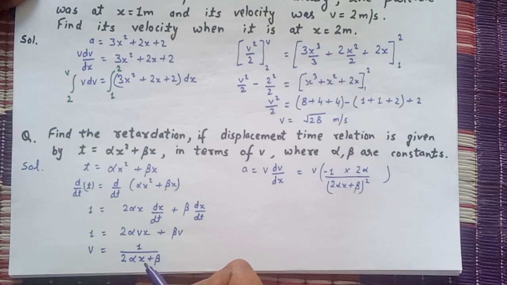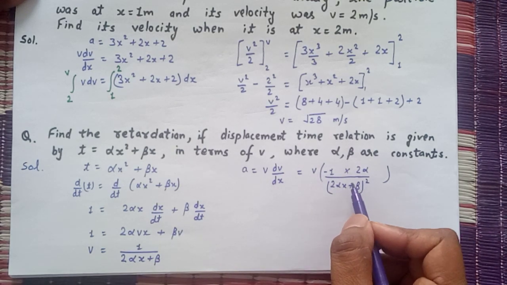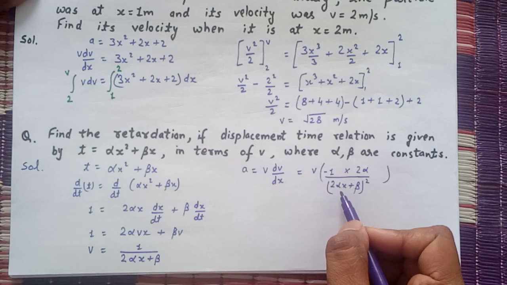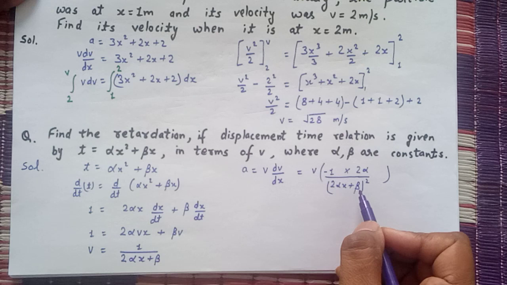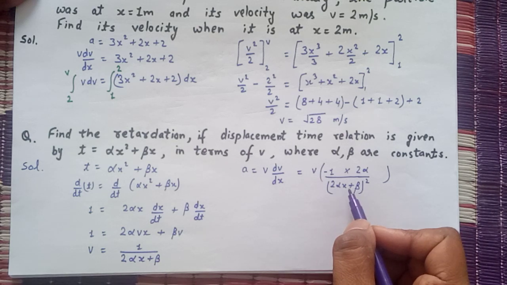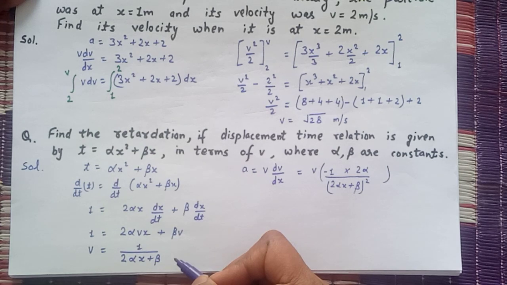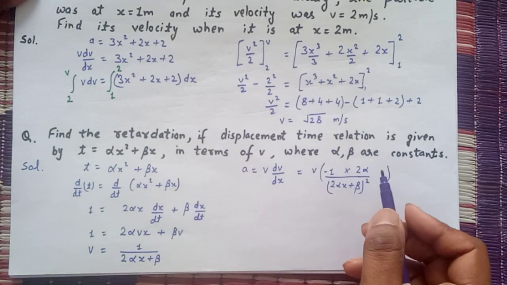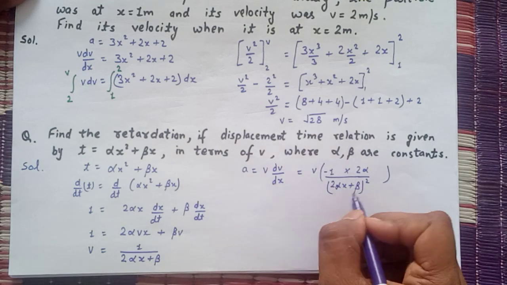Taking this as (2αx + β) raised to the power minus 1, the power will come forward and the whole power will become minus 2. Taken into the denominator, we will get the positive, and then differentiating 2αx + β, the differentiation of 2αx will be 2α, and for β it will be 0. So v dv by dx will become this.